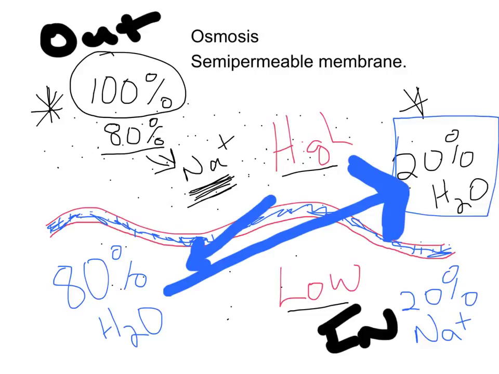So let's go ahead and take a look at it and just simplify it, and then try to follow a rule and see if we can apply it to some questions. There's a simplified rule. Osmosis is going to happen when, as we said earlier, something can't move across a semi-permeable membrane and water can.